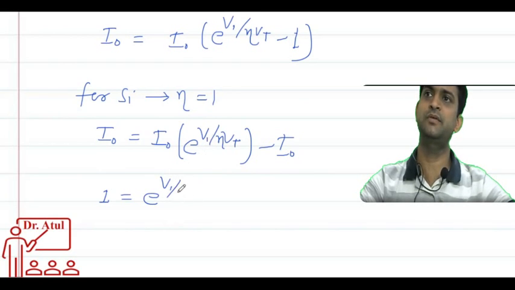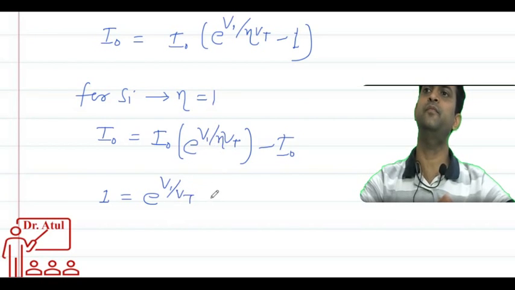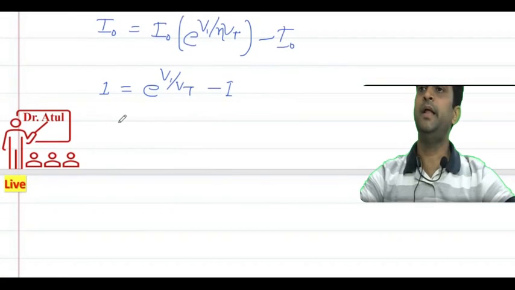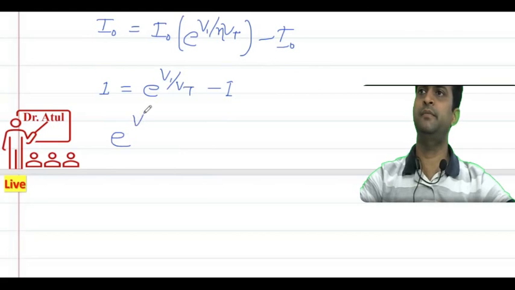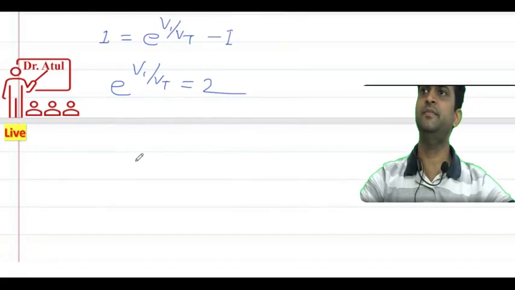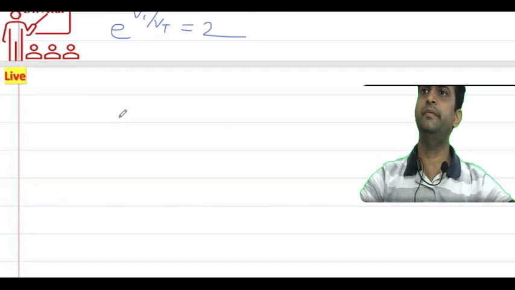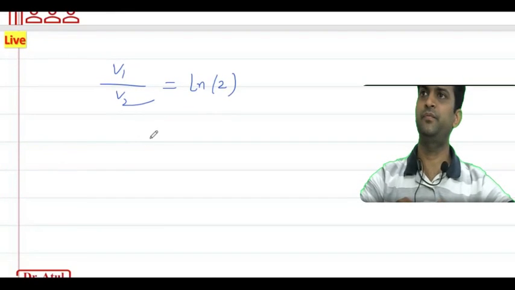This should be V1 actually, by mistake it is written V. Moving the 1 from the right hand side to the left, this becomes e to the power V1 upon Vt equal to 2. Taking natural log on both sides, we can write V1 upon Vt equal to natural log of 2.